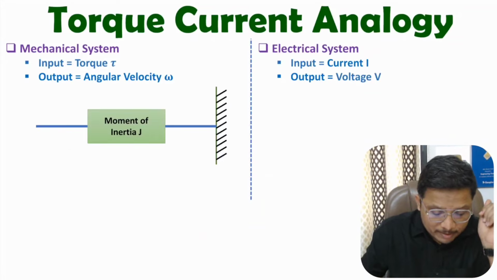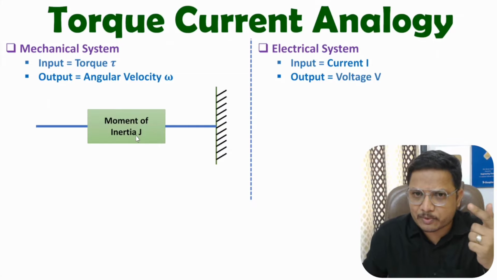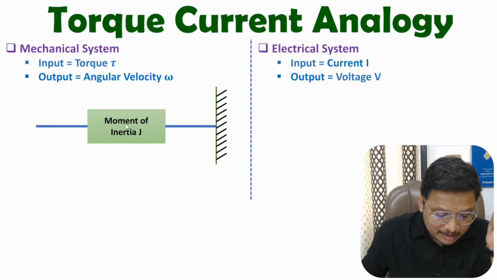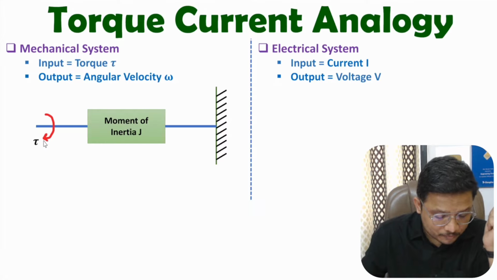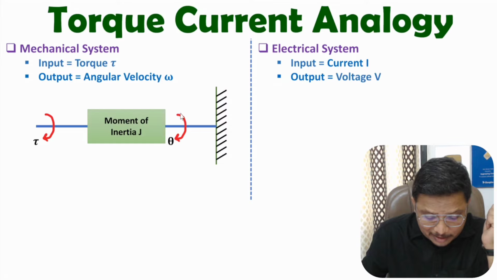So here we have moment of inertia, that is J. It could be denoted by I as well. To this element, let us apply torque tau. Because of torque tau, here angular displacement is theta, angular velocity is omega, and angular acceleration is alpha.